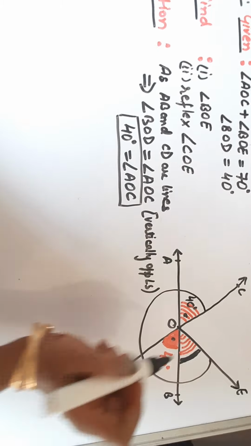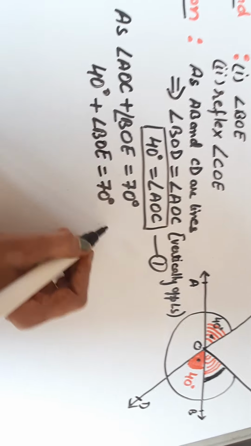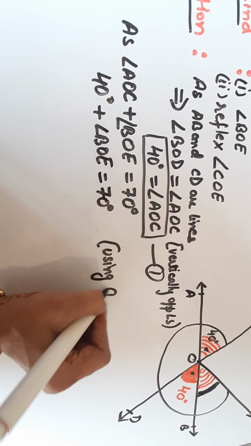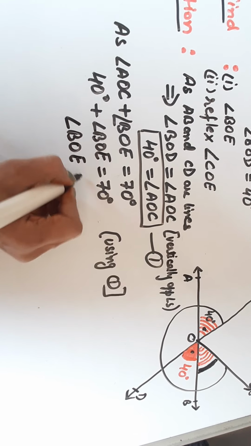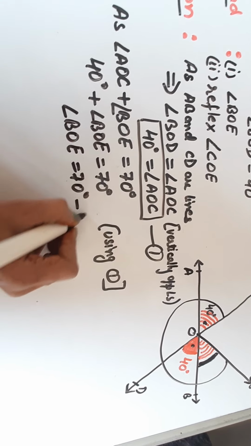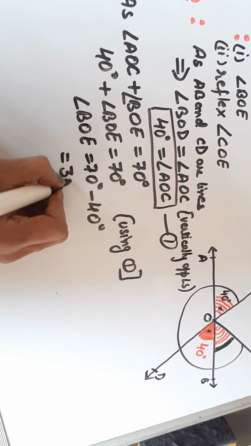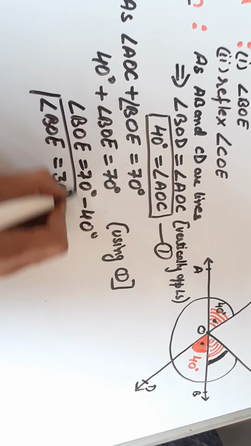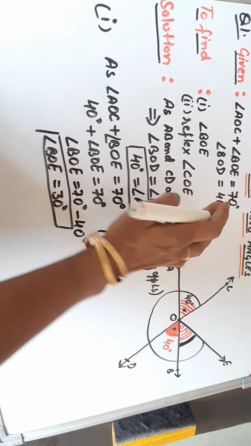Angle AOC plus angle BOE is equal to 70 degree. यहाँ इसका रीज़न लिखेंगे, ये 40 कहाँ से आया? Using first equation, right? सो फ्रॉम हियर BOE is equal to 70 degree minus 40 degree, so this will become 30 degree. Angle BOE is equal to 30 degree. This is the first part which we have to find out.